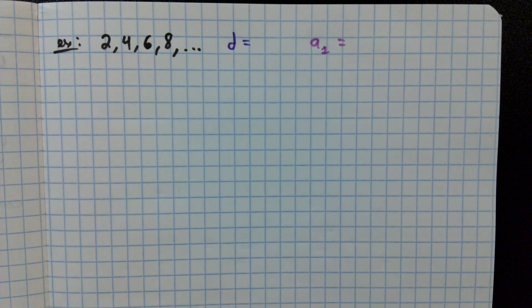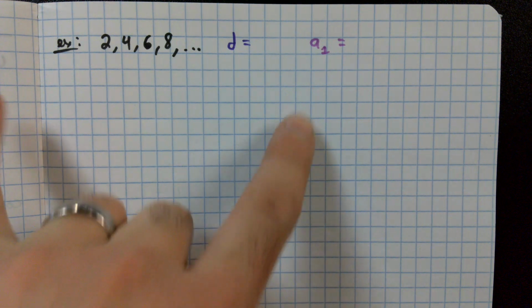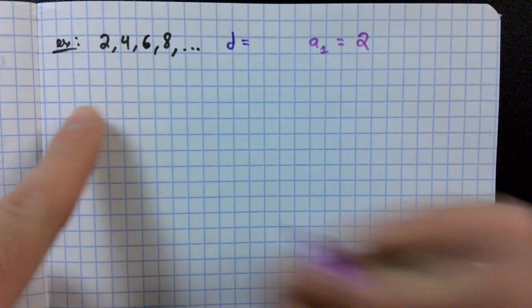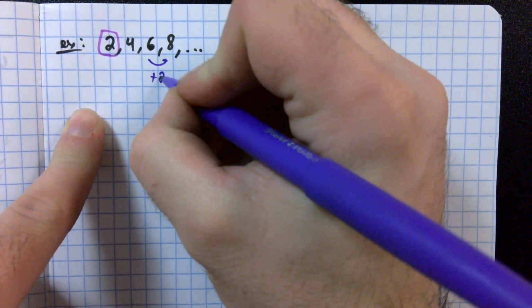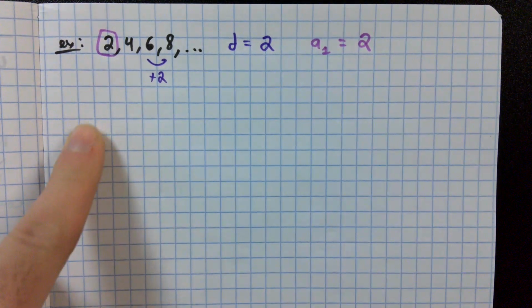If we want to write the equation, we have to find the d, and we have to find the first term in the sequence. Who can tell me what's the first term in this sequence? Tia? 2. And Colby, what's my common difference here in this sequence? We're adding 2. So my d is equal to 2.